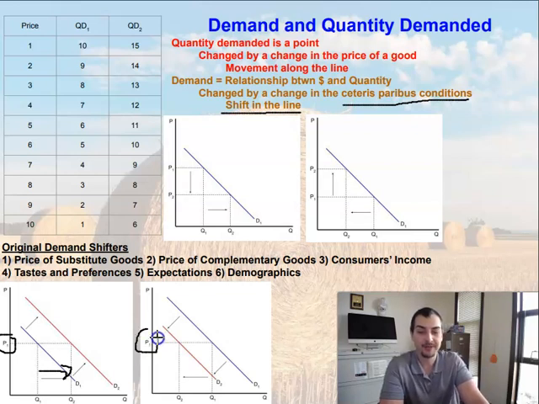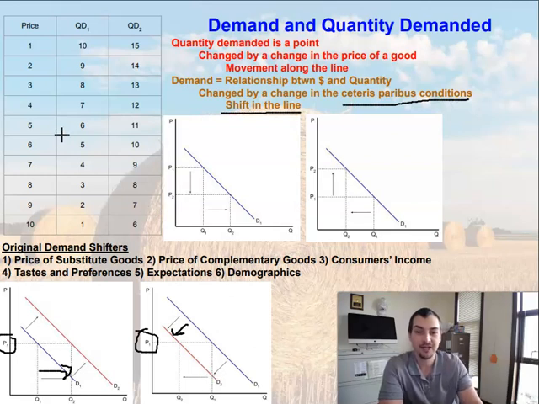The opposite happens if we have an inward shift, where we go from D1 to D2, a leftward shift, and we keep prices the same, but we see quantity fall. That is an inward, leftward shift in that demand curve.